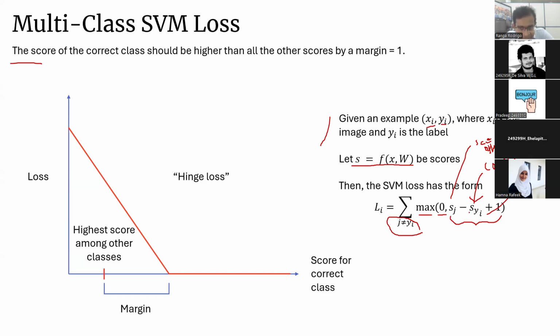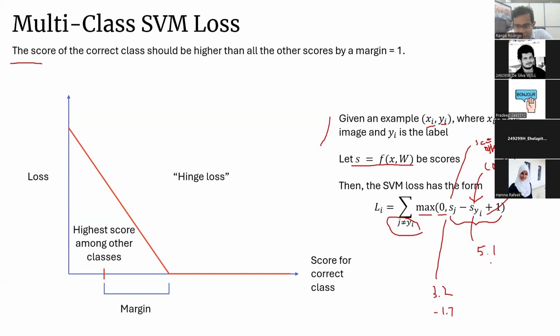Okay, assume that the correct class's score is 5.1. The other two are 3.2 and maybe minus 1.7 or something. What will the summation result? 3.2 minus 5.1 is minus 1.9.